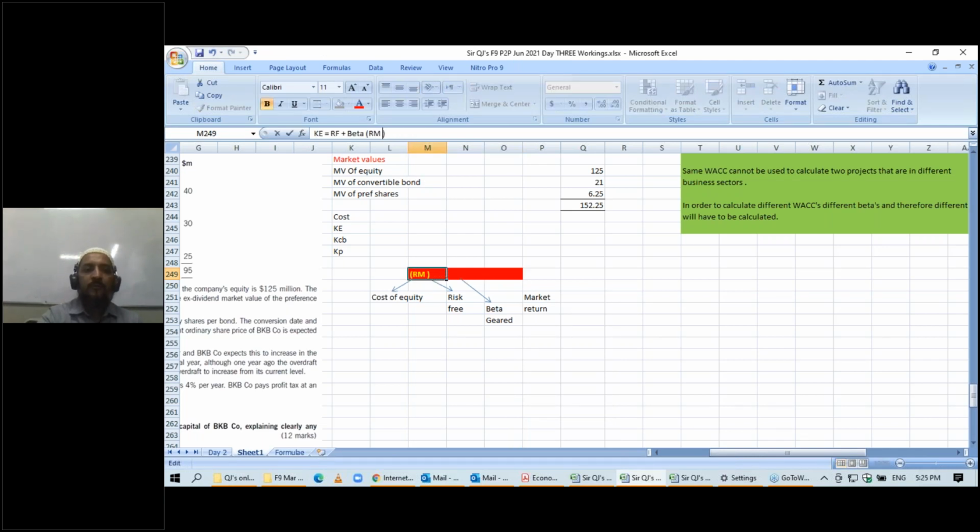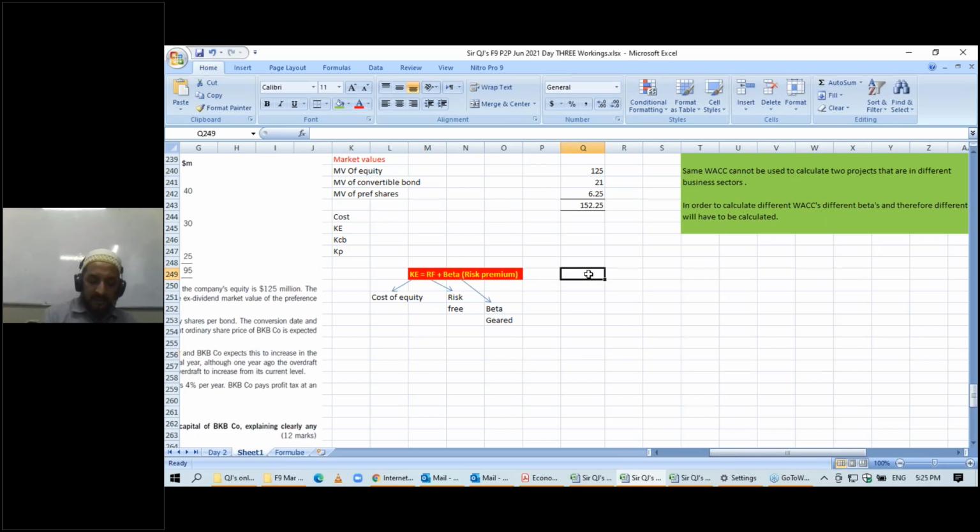The risk premium is the difference between the risky rate of return, the market rate, and the risk-free rate. The risk-free rate is on securities which are risk-free. So that's known as the risk premium. Over here in the question, they have not given you the market rate and risk-free rate; they have given you the risk premium. So we'll directly be taking the risk premium over here.